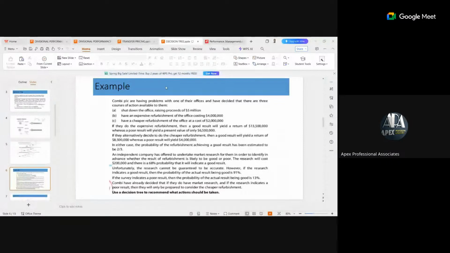So in the first decision, they have 4 possible options: either to shut down, have an expensive refurbishment, have a cheaper refurbishment, or engage the service of an independent company.